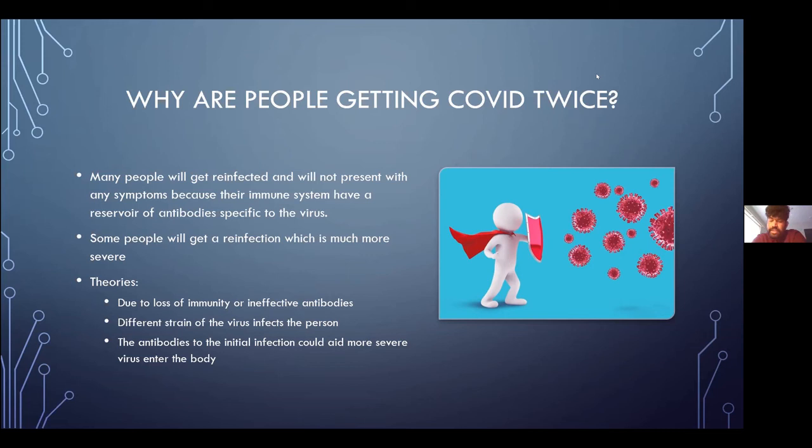Or it could be that you have a different strain of the virus. As we looked at before, the first time it could have been D614, and the second time it could be that the G614 strain infects you. And the third theory is that the antibodies produced the first time could essentially lead to a pathway for another infection, but that's a theory. So there's no cause or anything being found for that yet.